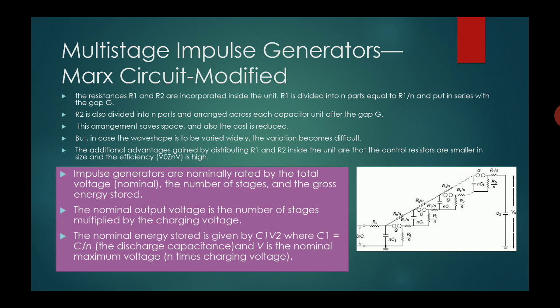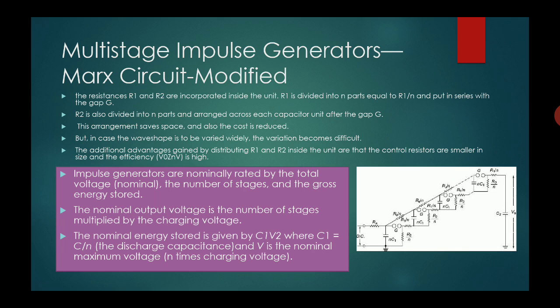The impulse generators are nominally rated by the total voltage, the number of stages and the gross energy stored. This is how impulse generators are named. The nominal output voltage is the number of stages multiplied by the charging voltage.